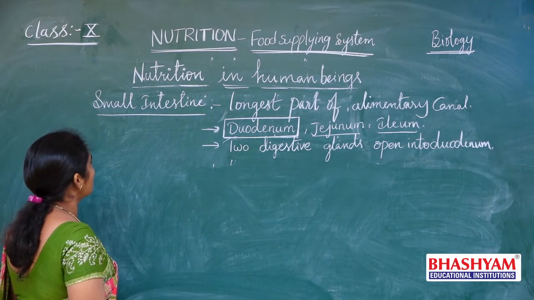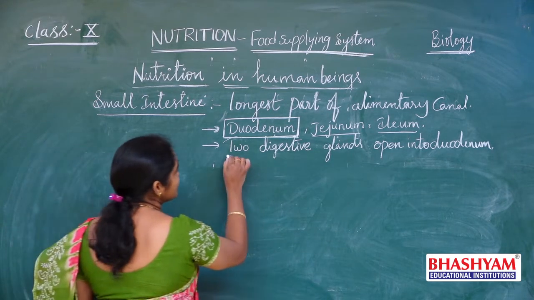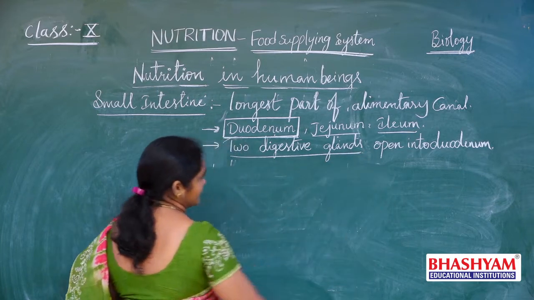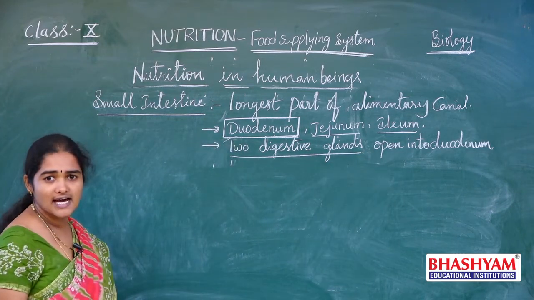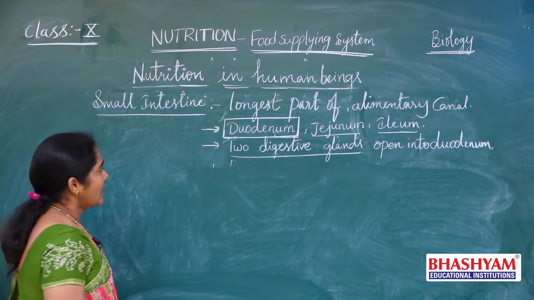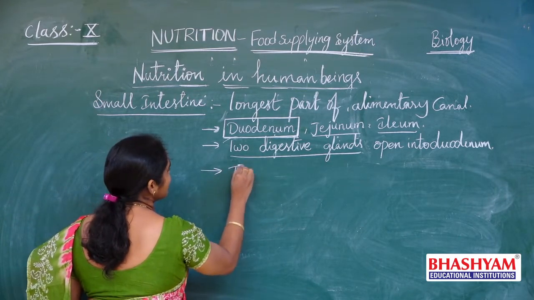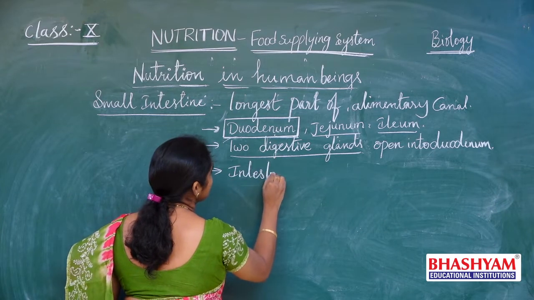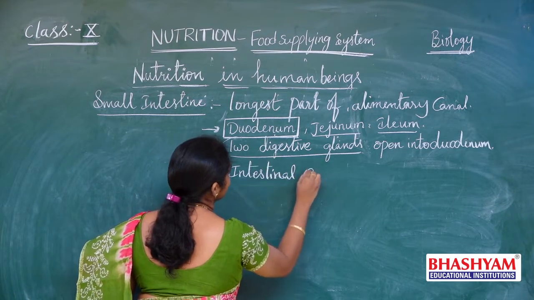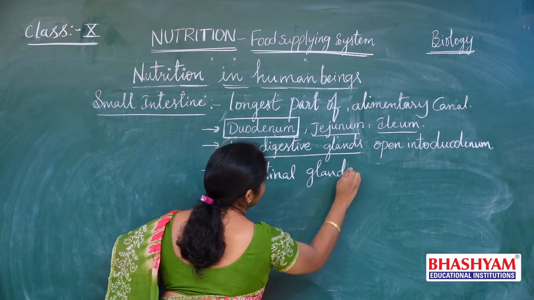With this small intestine, two digestive glands are connected, and also in the small intestine there are other glands present, called intestinal glands.